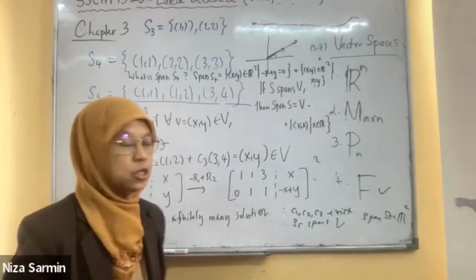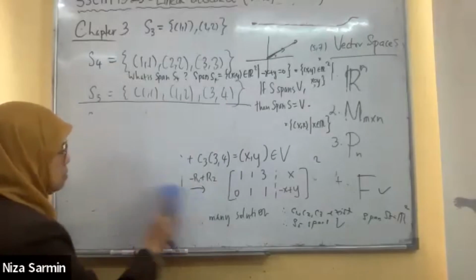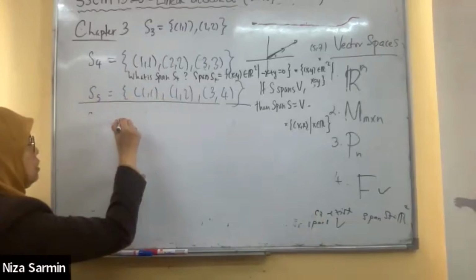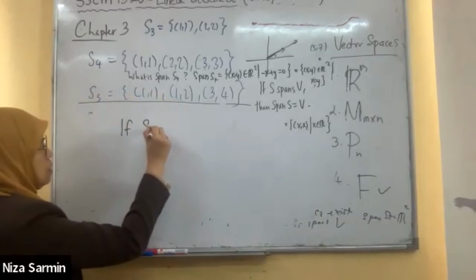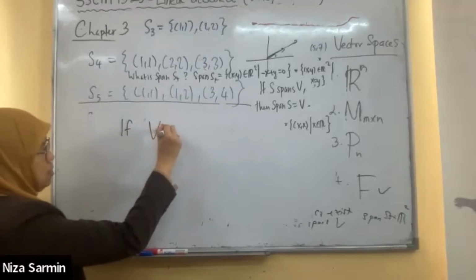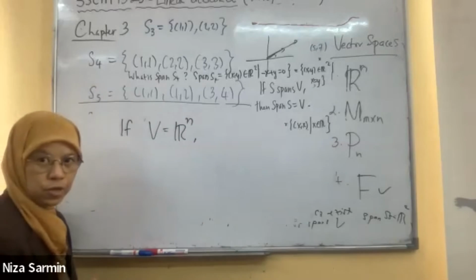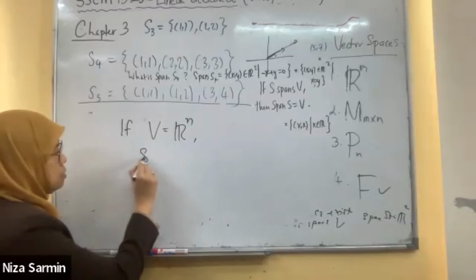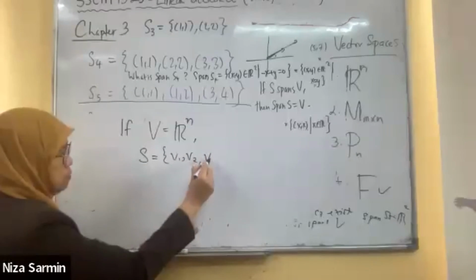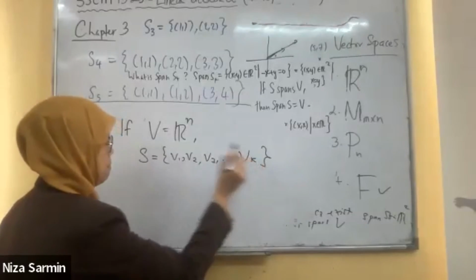So in conclusion, what we have so far is: if V is Rn, and S is given to be V1, V2, V3, up until Vk.